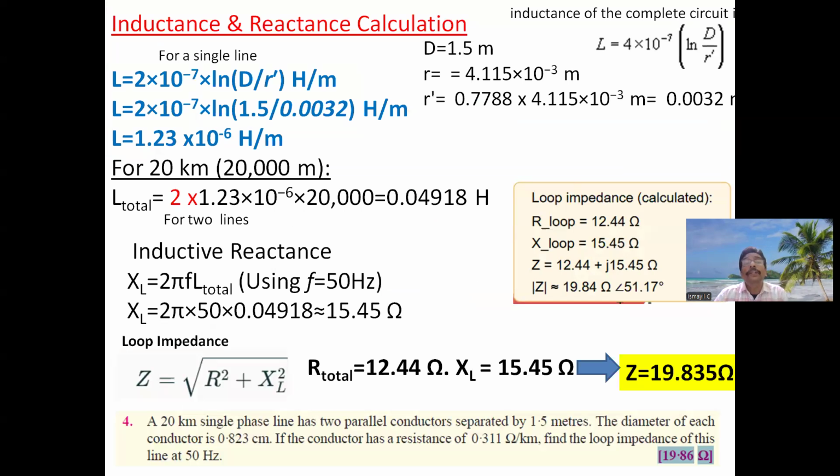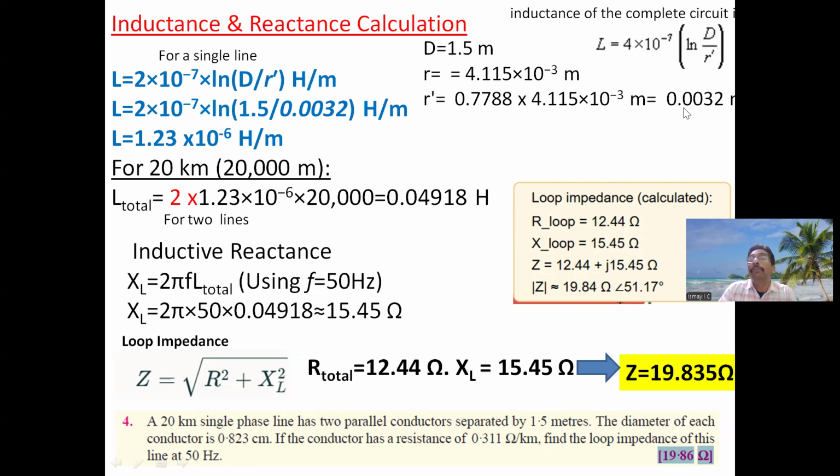So moving to the calculation, the formula L is equal to 2 into 10 raised to minus 7 into ln d by r dash is for a single line. So first we will calculate for the single line. So substitute the value of d and r dash. r dash means geometrical mean radius. To calculate that, you have to multiply the original physical radius of the conductor by 0.7788.